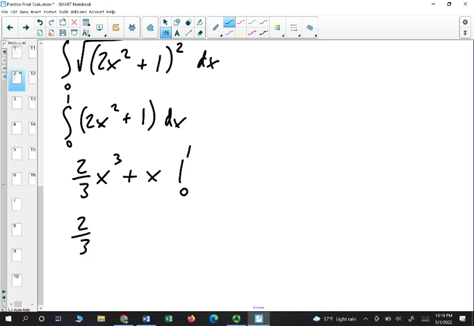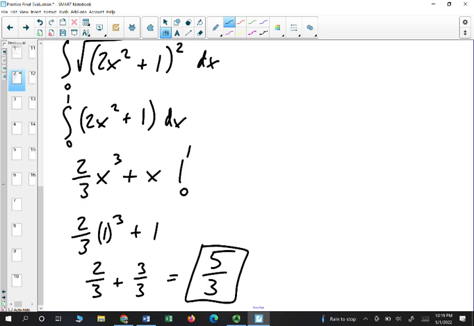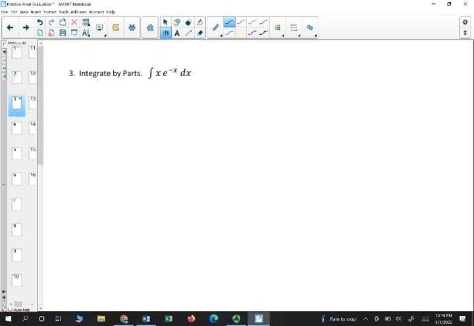So we just plug in 1. So that gives us 2/3 plus, and then make this 3/3. So we get an arc length of 5/3. Okay, let's take a look at our next one.